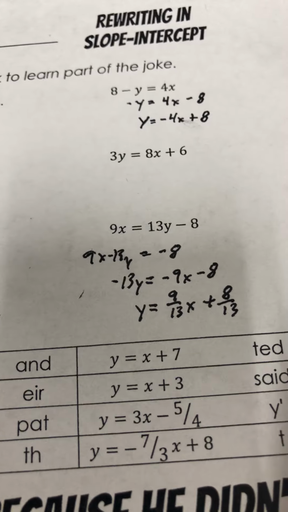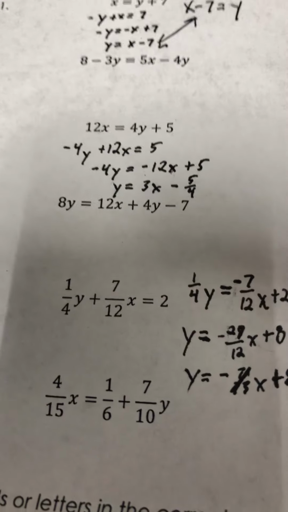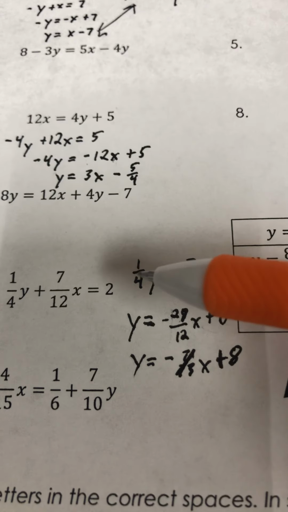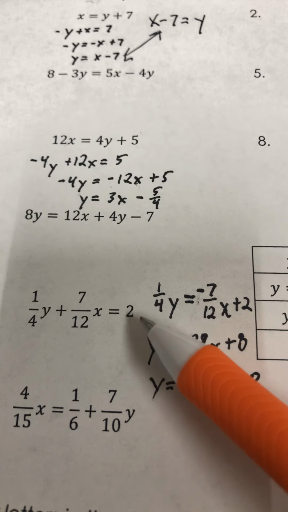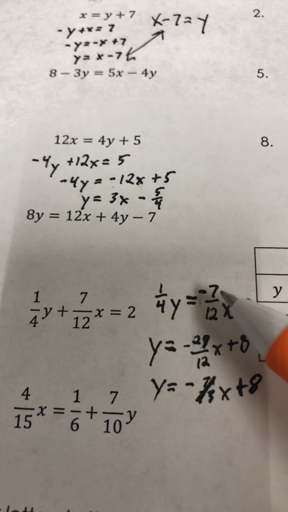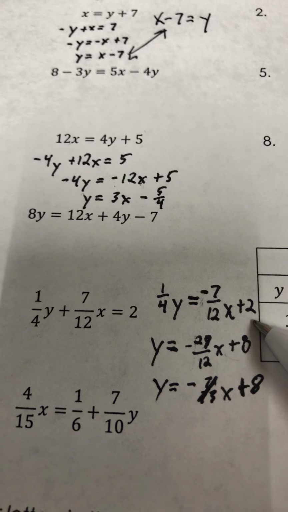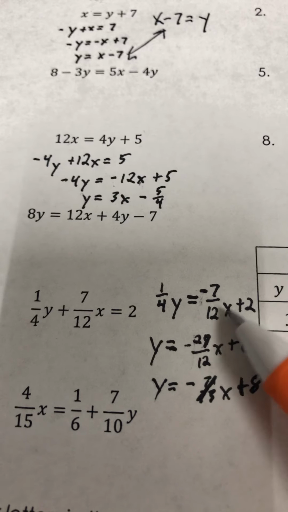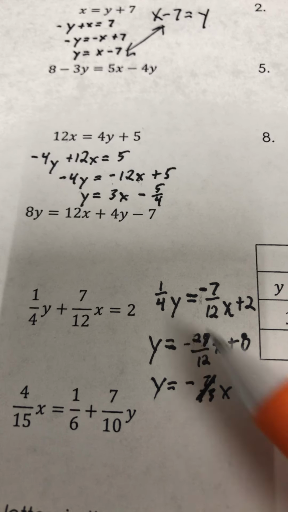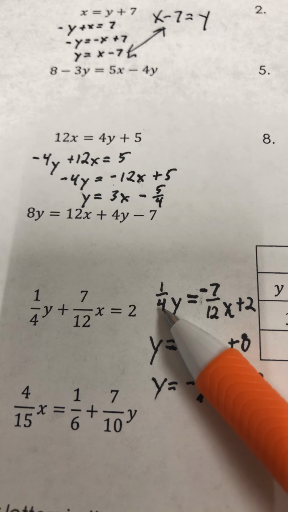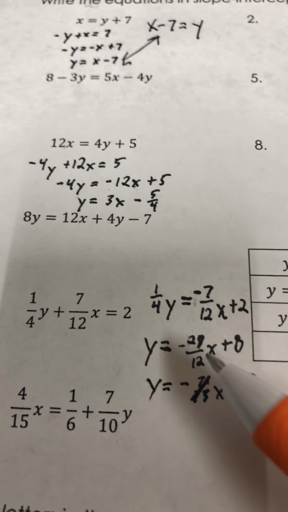Number 11 was the one that took me the longest, but I don't know why. Well, probably because you're dealing with a fraction. I have y to the left anyway, so I had to subtract 7/12 x on both sides, so that put it over here. And then when I divide by 1/4, I'm actually multiplying by 4/1.